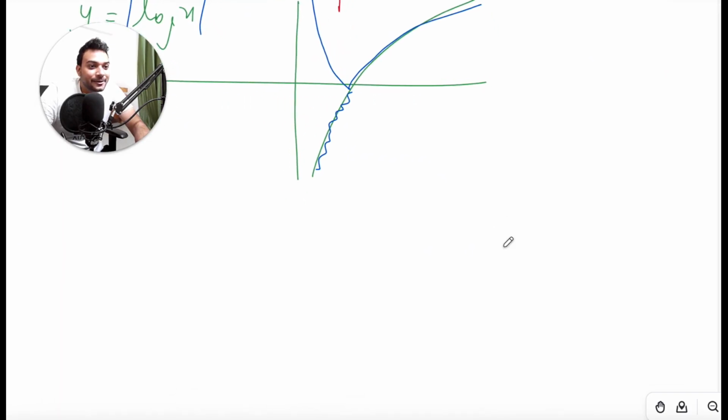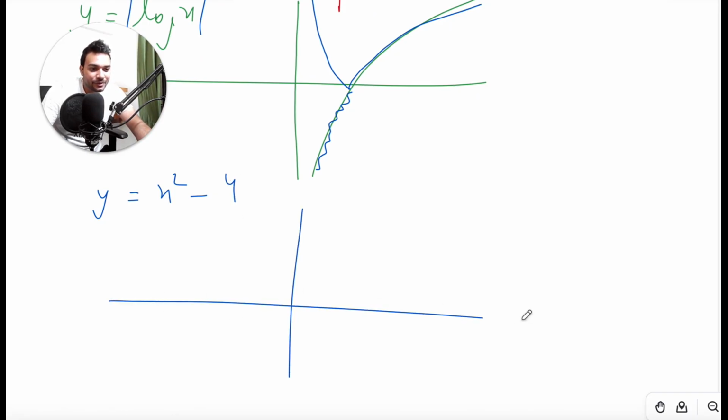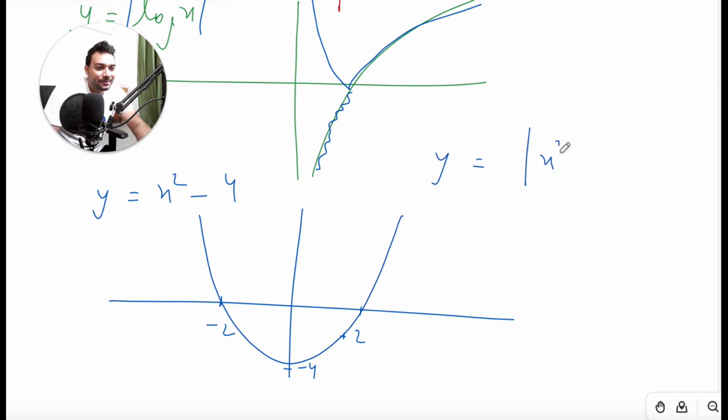Now here the quadratic looks really good. So let's say y is equal to x squared minus 4. This will give you a graph through minus 2, plus 2 and minus 4. It's going to come like this. But the moment you do y is equal to mod of x squared minus 4, the absolute value of the complete thing, the positive y side of the graph will remain as it is.